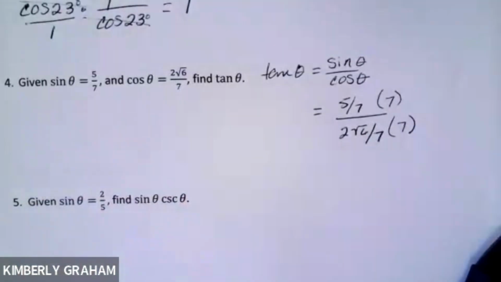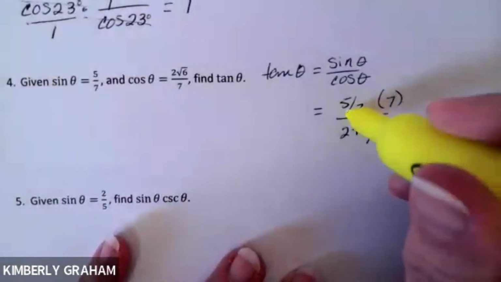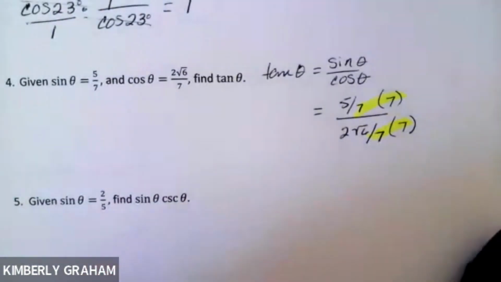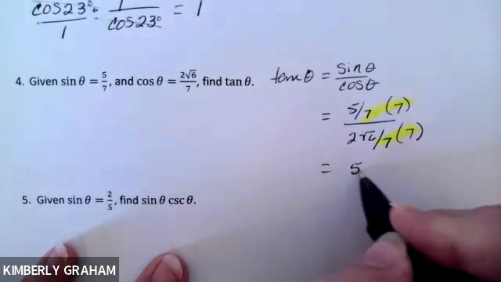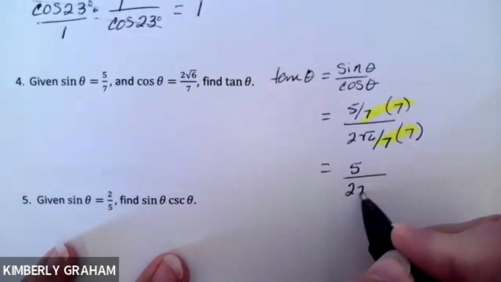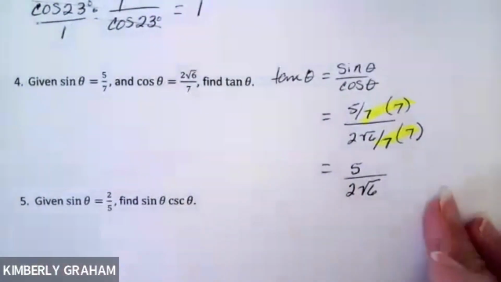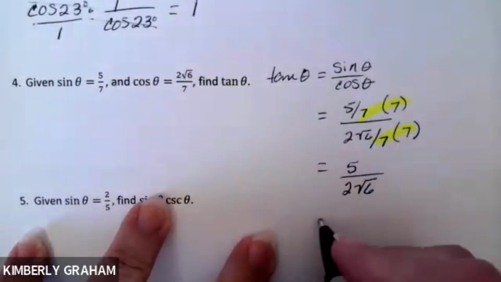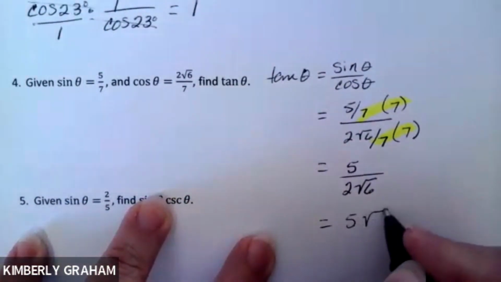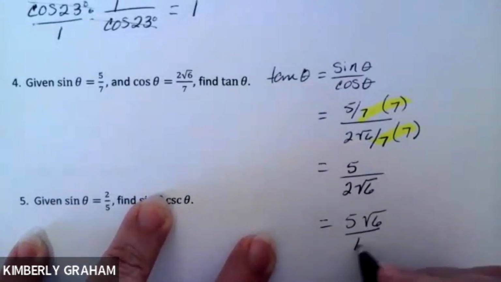That way I can have these secondary fractions cancel out. And my numerator is now 5. My denominator is 2 square root of 6. And now I can just rationalize my denominator and get 5 times the square root of 6 over 12.